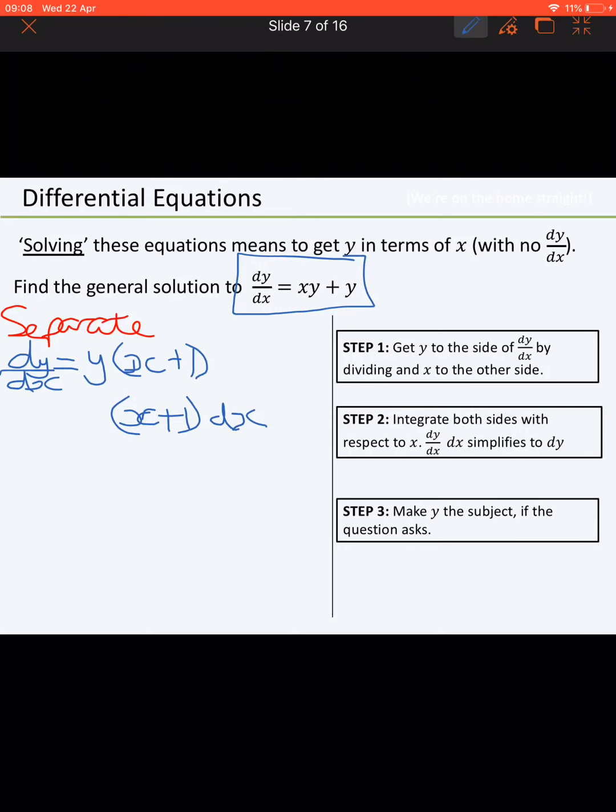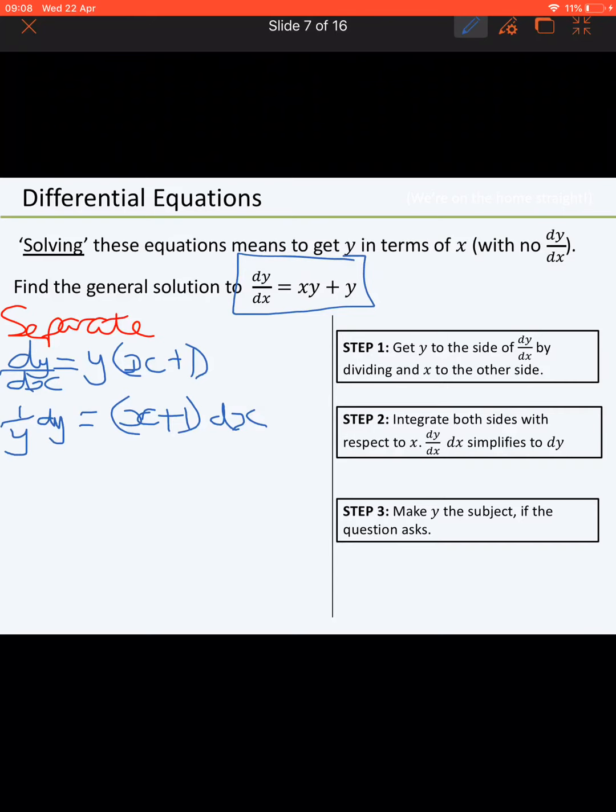Okay, that would leave me with dy on the left hand side, and I want the y that's up here to go over onto the left hand side as well. So I'm actually going to have to divide. So we get something that looks like 1 over y dy equals x plus 1 dx.